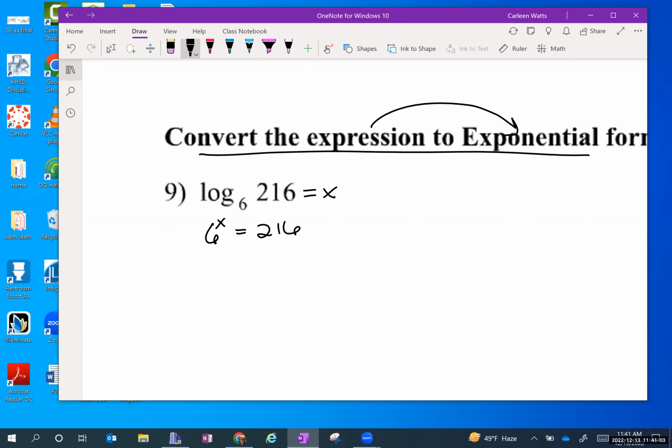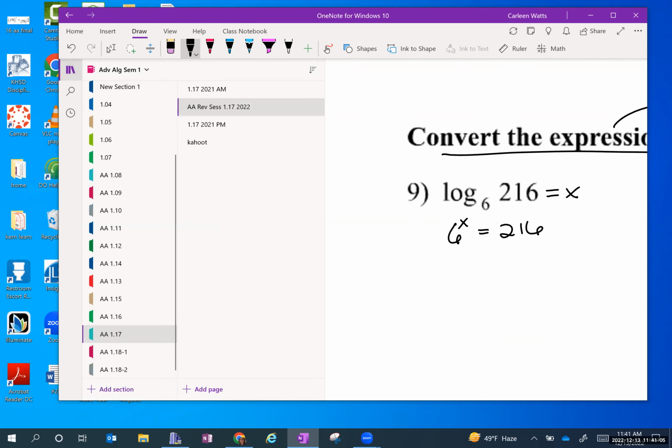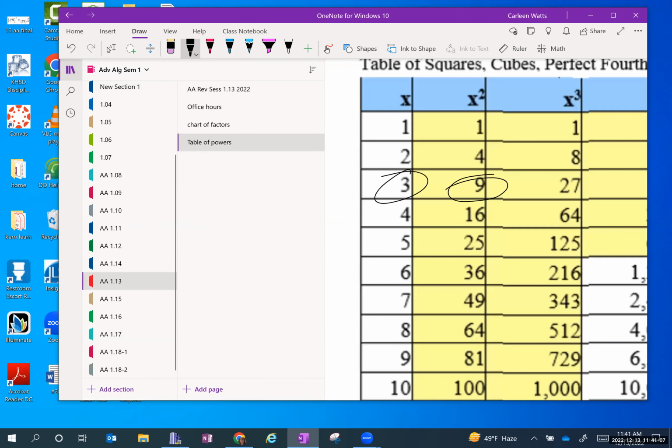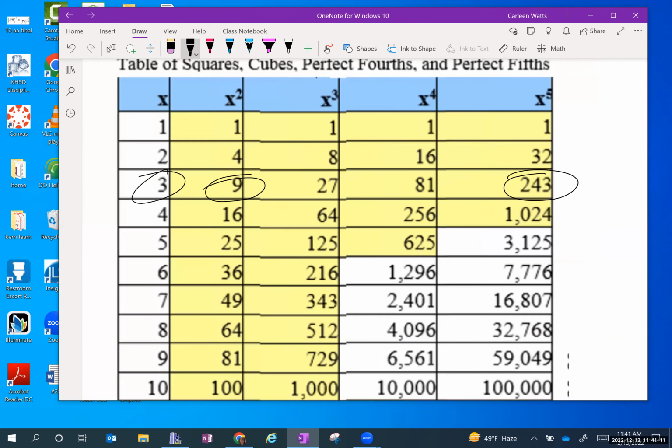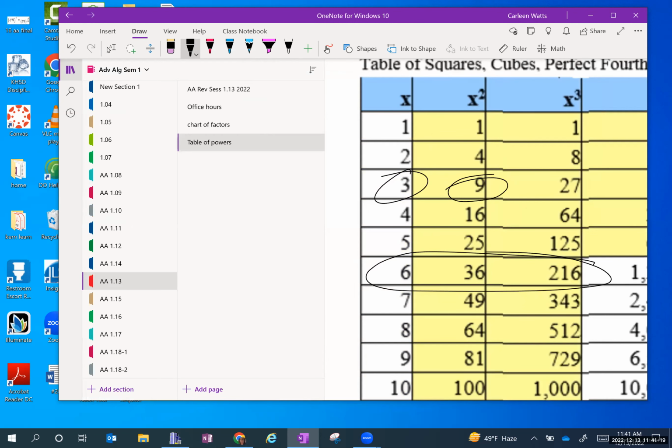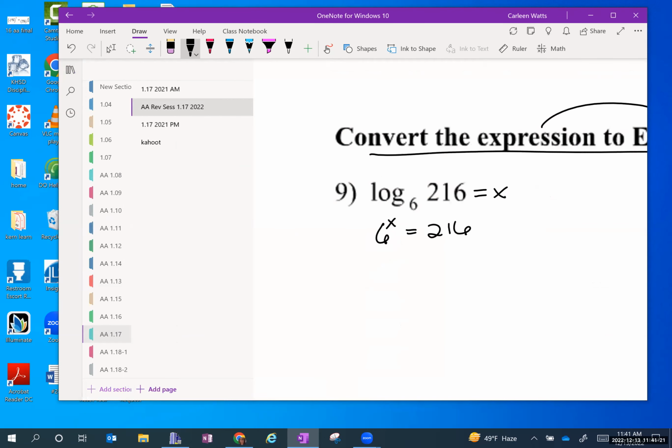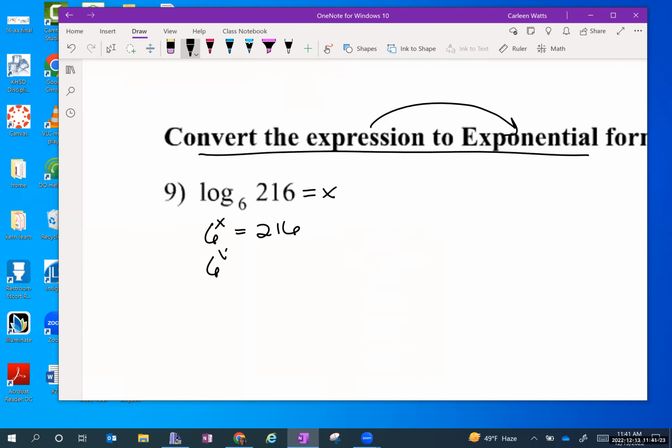Okay, let's check the chart of powers. Correct. So 6 to the 3rd power is 216. 6 to the x equals 6 to the third power. If the base is the same, then the exponent is the same.